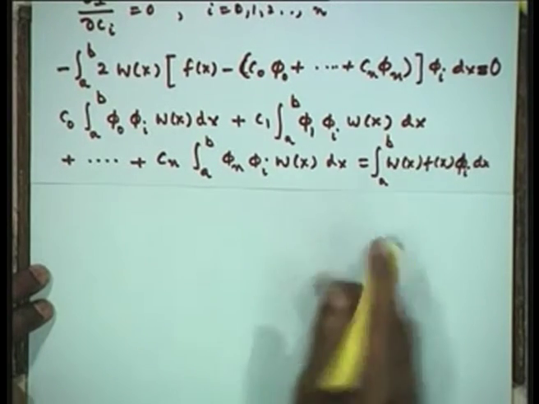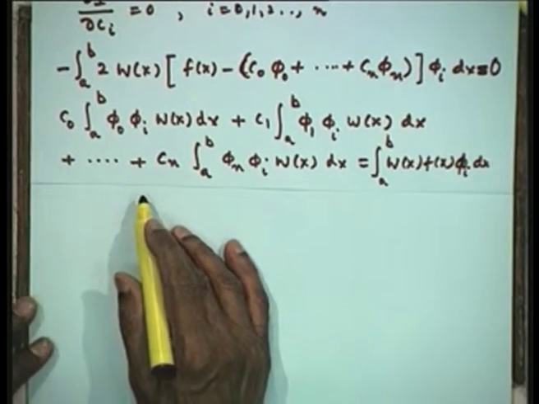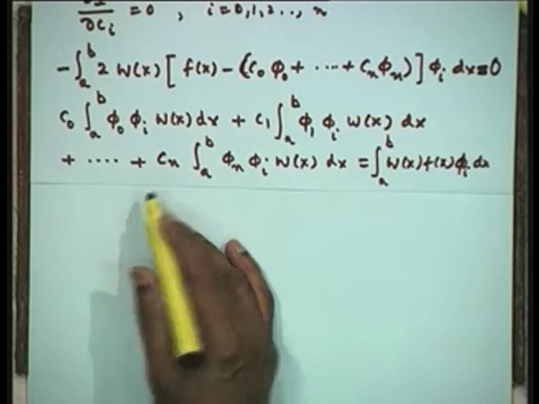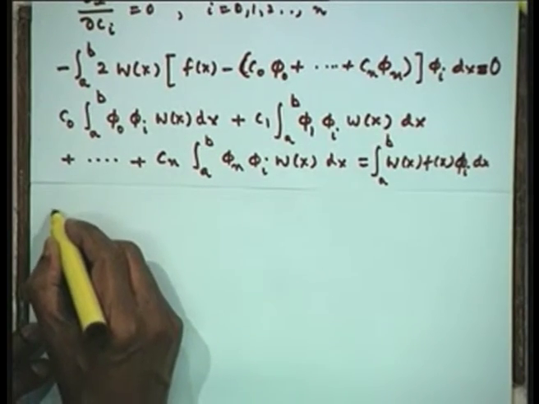Now, I would like to write down all these equations for i equal to 0, 1, 2, and so on, because we would like to make some observations on that. Let us take the case i equal to 0.